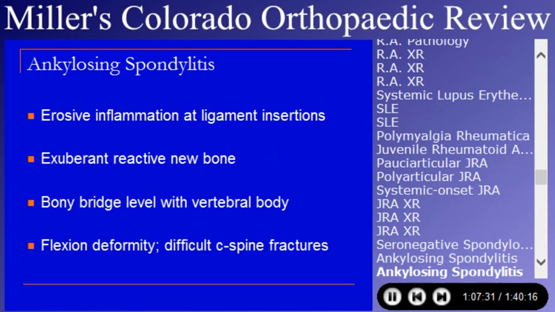Bony osteophytes bridge the vertebral body at a location that is even with the body, as opposed to osteoarthritis where the osteophytes protrude. Flexion deformities are common. Stiffness is common. They're associated with very difficult cervical spine fractures that are hard to treat and have high morbidities.